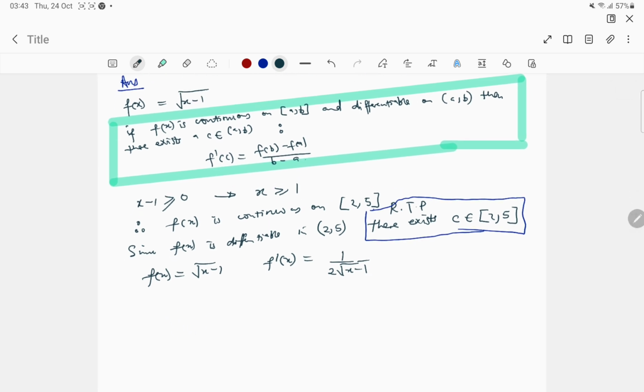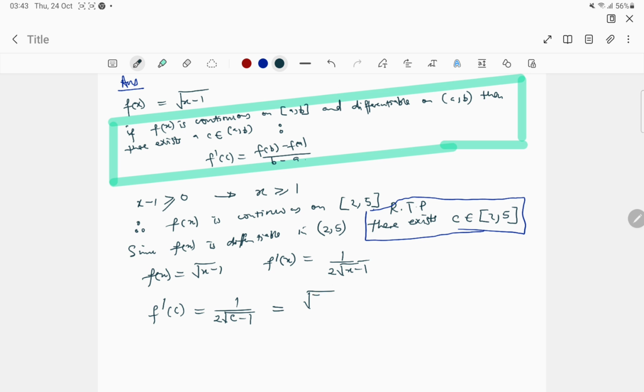Then after this you can see that we are now saying f prime of c, which is equal to 1 over 2 root of c minus 1, is equal to f of b minus f of a over b minus a, where a is 2 and b is 5.